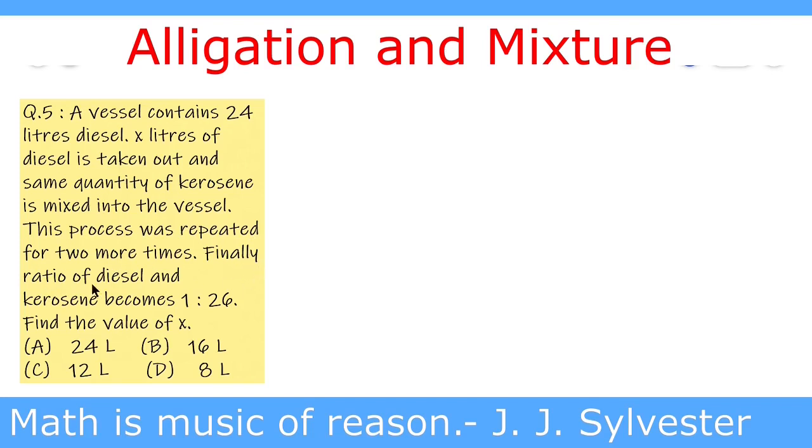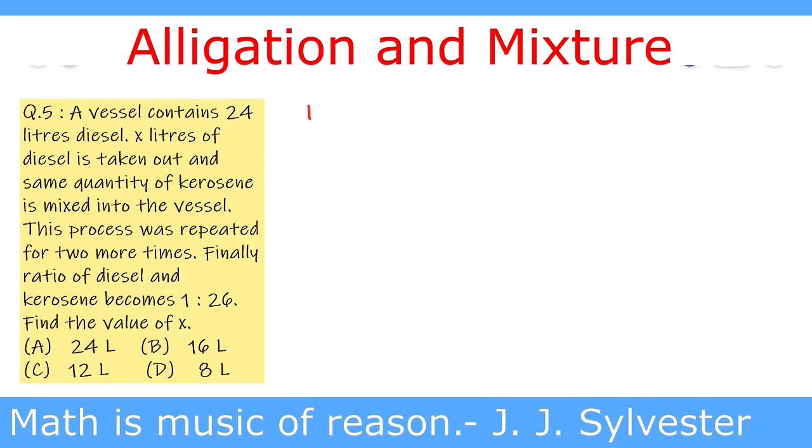Finally, the ratio of diesel and kerosene becomes 1:26. Find the value of X, and the options are A 24 liter, B 16 liter, C 12 liter, and D 8 liter. We will first find the ratio of diesel to the total mixture.